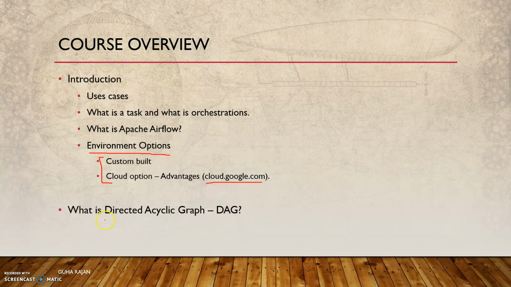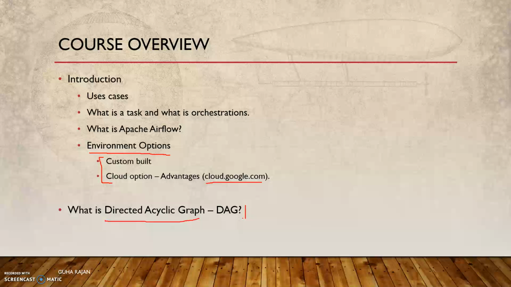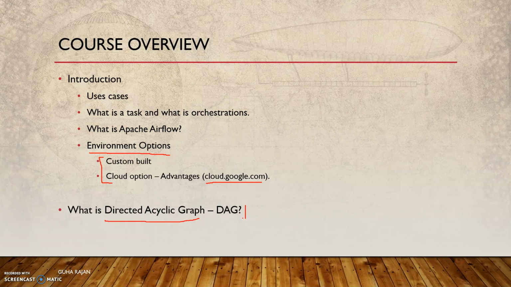Then we'll be getting into the directed acyclic graph, or it's called a DAG, which is the heart of Apache Airflow. So we'll be looking at what is a directed acyclic graph.